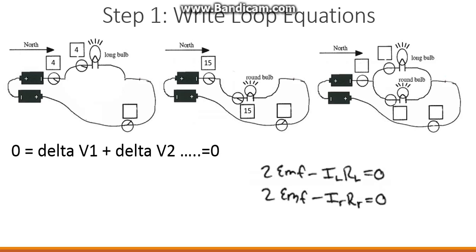Now the funny thing is that because of the loop rule, the equations for the first 2 are actually also the equations for the last one. As you see here, this is a loop, this is a loop, this right here is the same loop as the first one, and this right here is the same loop as the second one.